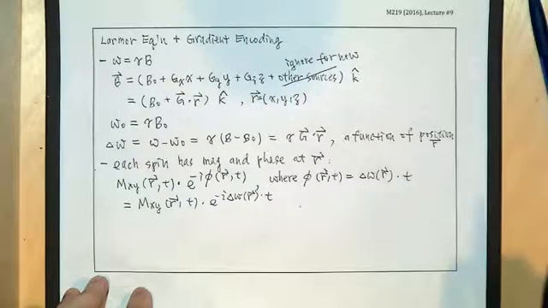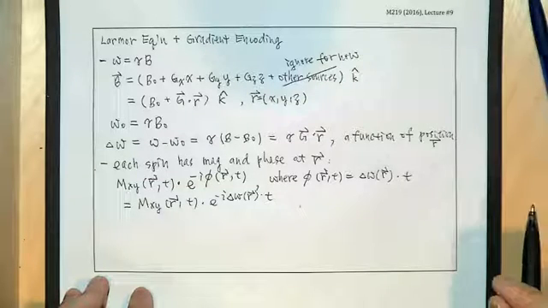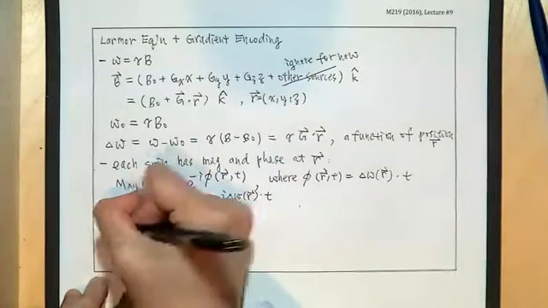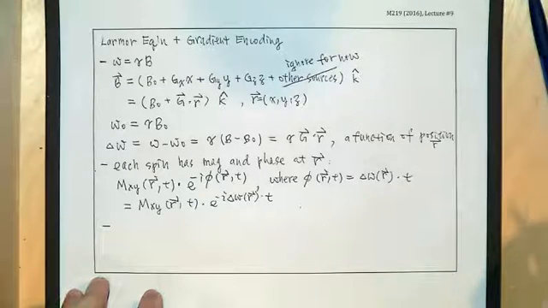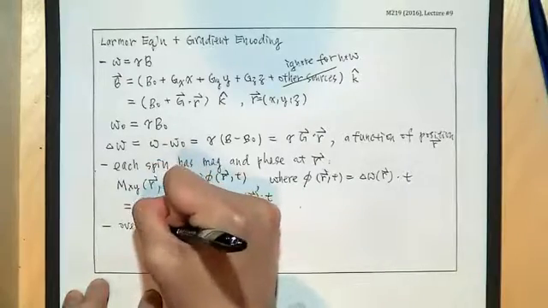And keep in mind that this is for each spin. Each spin at a different r has different magnitude and different phase. So what happens if we actually try to record signal from an entire object? We have an overall received signal from all of the spins.